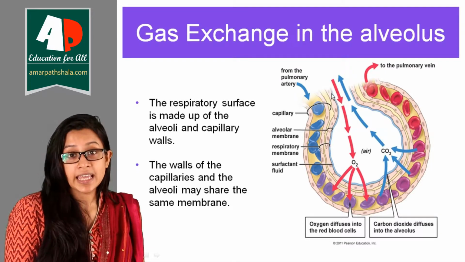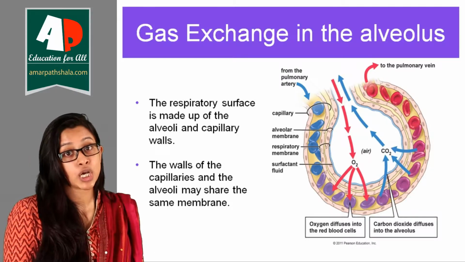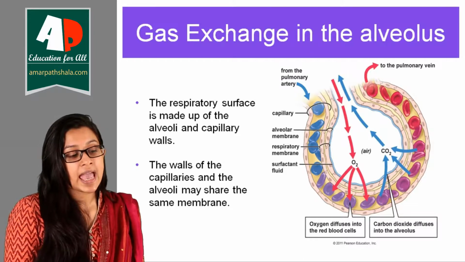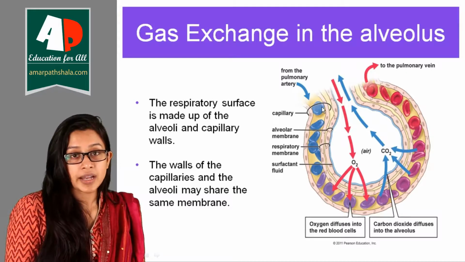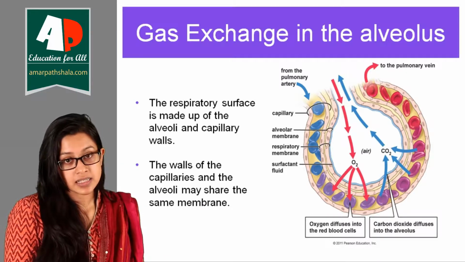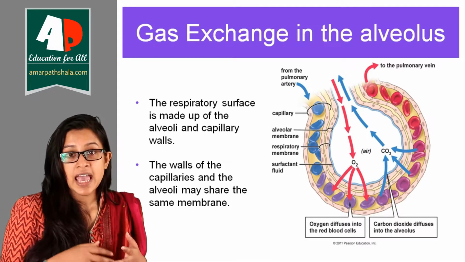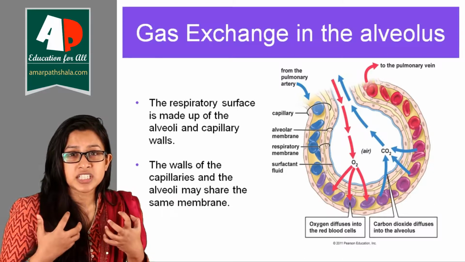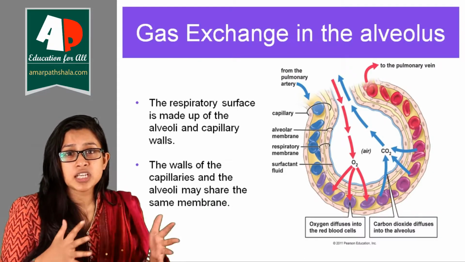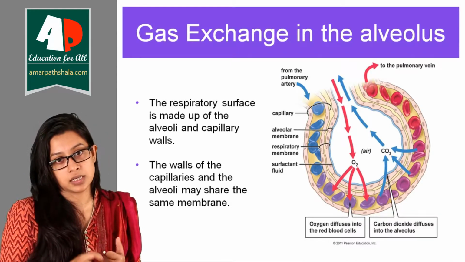So in an alveolus, blood first of all comes from the pulmonary artery supplied from the heart to the lungs. And this blood, when it reaches the lungs, the artery divides into capillaries. And these capillaries form a diverse network that surrounds each and every single alveolus.